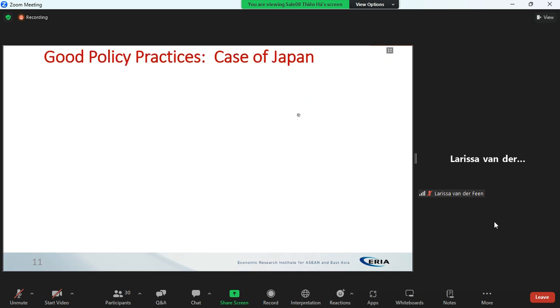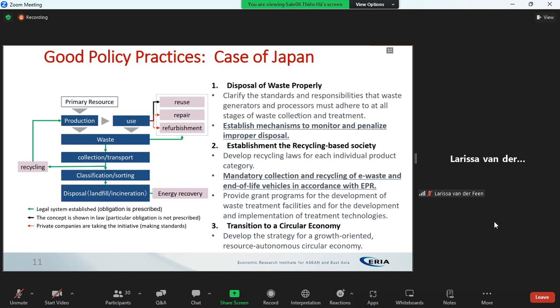The study also introduced good practices from Japan, partly explained by Adachi-san, but maybe it's better to skip here.